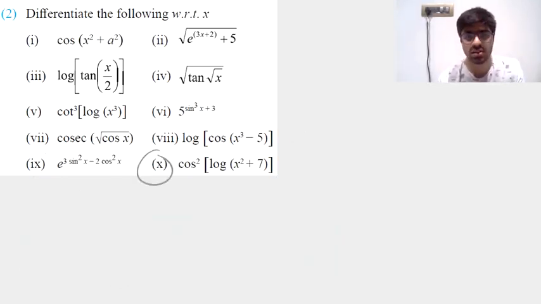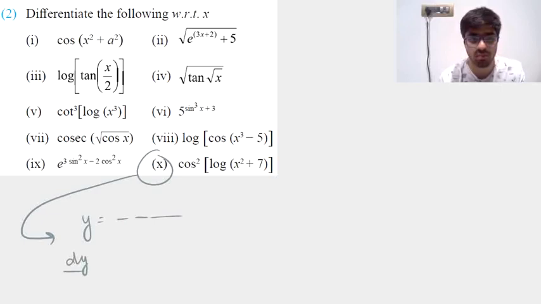In a similar way, answer the 10th one. If I take y as the given function, then dy by dx will be, see, it is cos square of something. So the derivative of cos square x was minus of sine 2x. So this will be minus of sine 2 times log of x square plus 7.